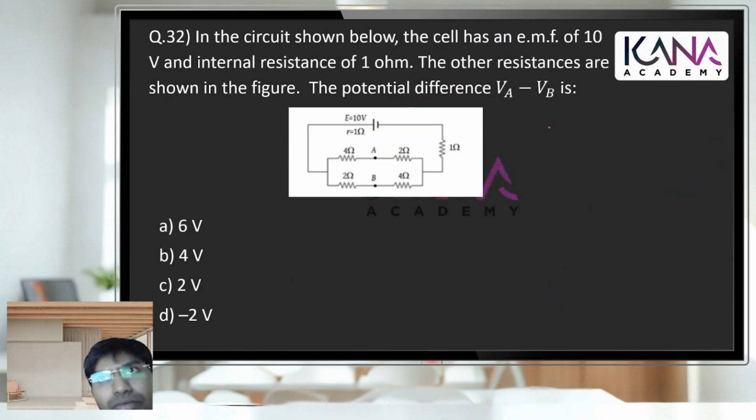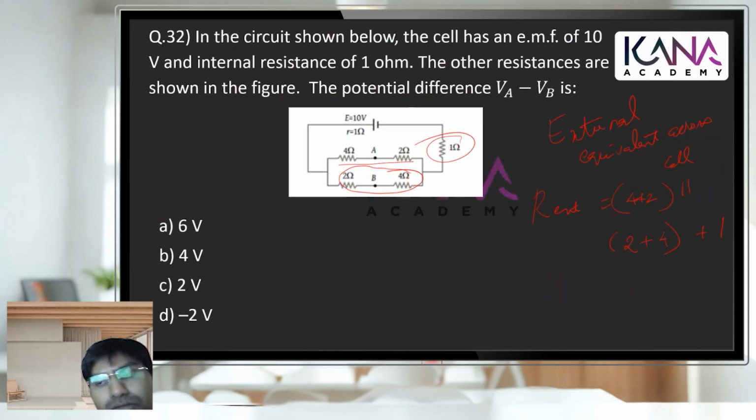So we know that from the external equivalent across the cell, R external is 4 plus 2 ohms parallel to 2 plus 4. So this 4 plus 2 is parallel to 2 plus 4. Okay. Then it's added to this 1 ohm.